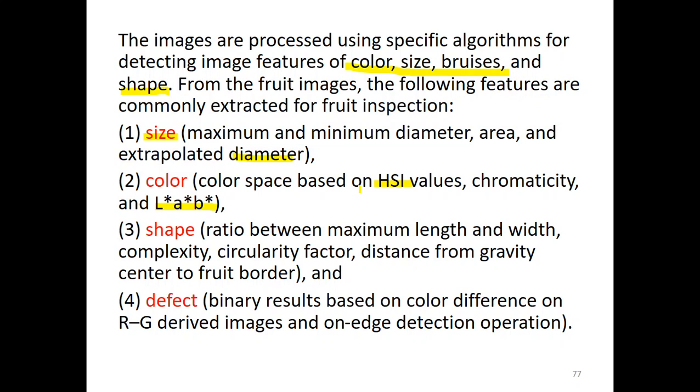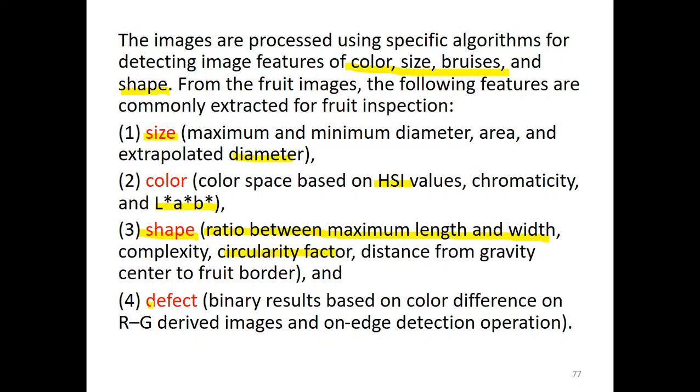That's another system for your digital image color space. The third feature is the shape, maybe the ratio between the maximum length and the width, complexity, circularity factor, distance from gravity center to fruit border, etc. That all relates to the shape index.